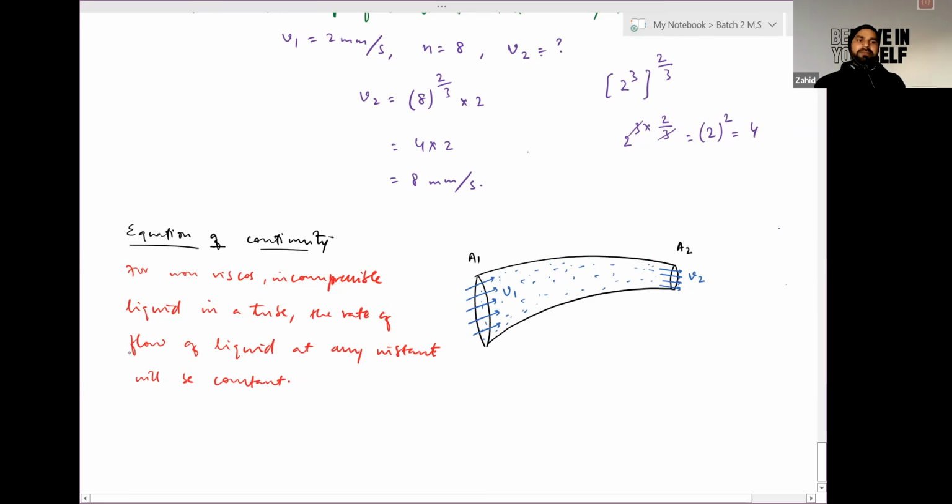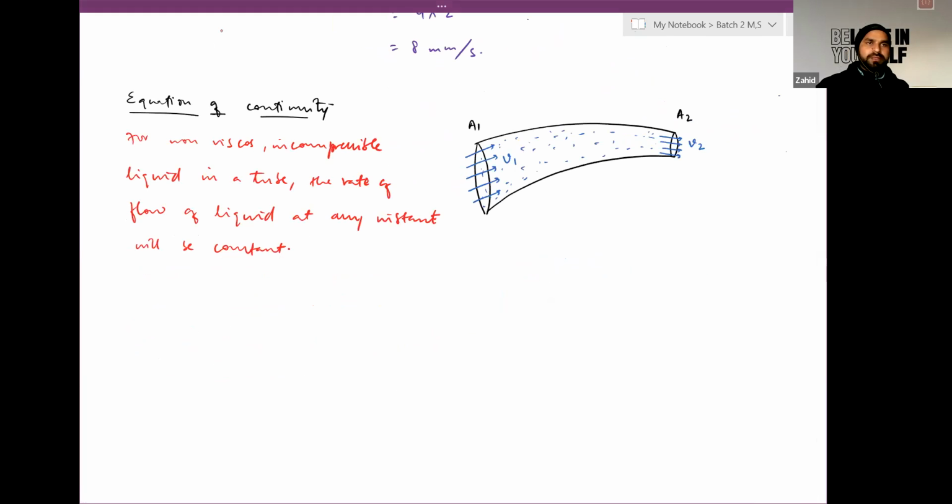I will define what we mean by rate of flow of liquid. Let me prove this particular statement.